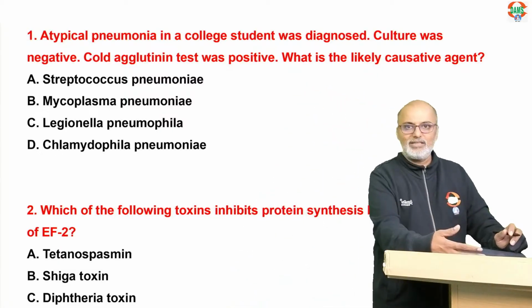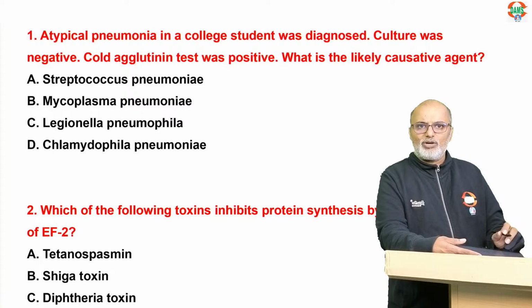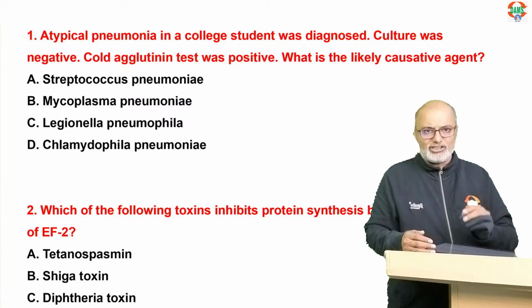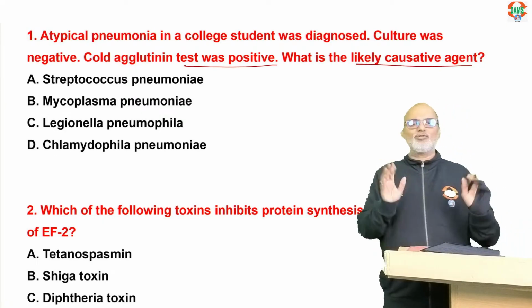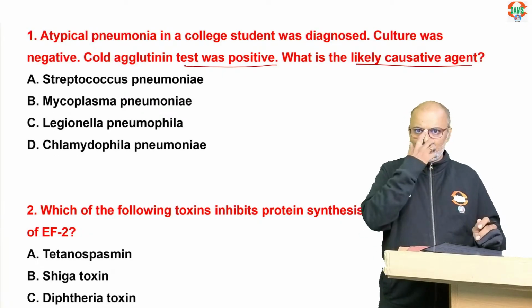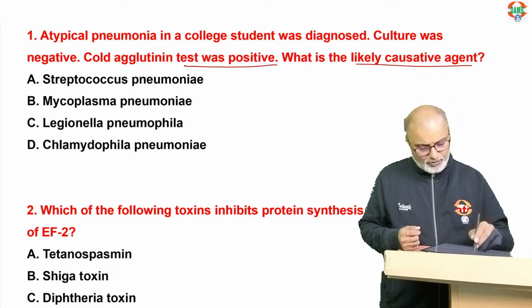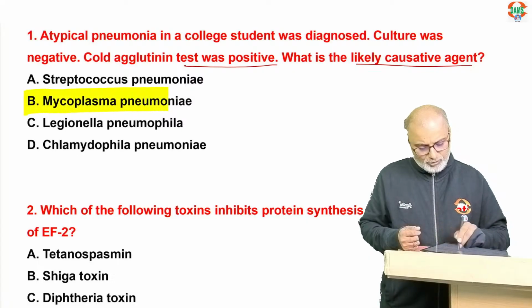Okay, start with atypical pneumonia in a college student was diagnosed. Culture was negative, but routine culture. Cold agglutinin test was positive. What is the likely causative agent? What is the clue here? Here the clue is cold agglutinin test. Cold agglutinin test is positive for usually Mycoplasma pneumoniae.